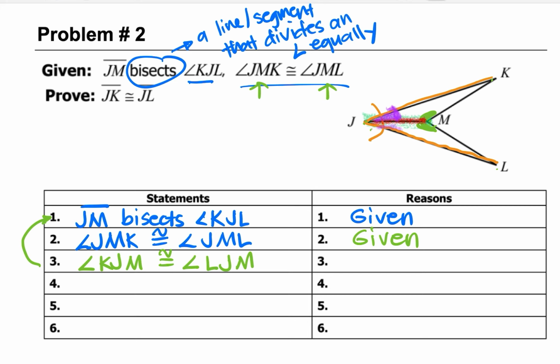So this angle here is also congruent to angle KJM. And this one, we derive from number 1. And so we see the word bisect, so we are going to write definition of angle bisector. Okay, so we now have two congruent parts, and this happens to be two angles.